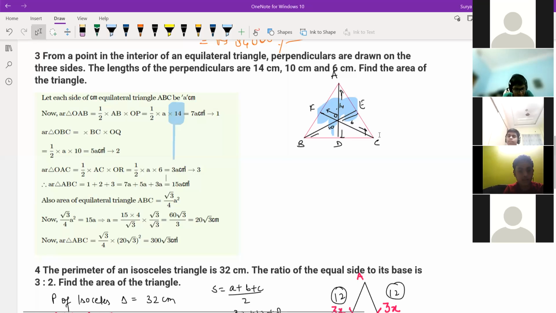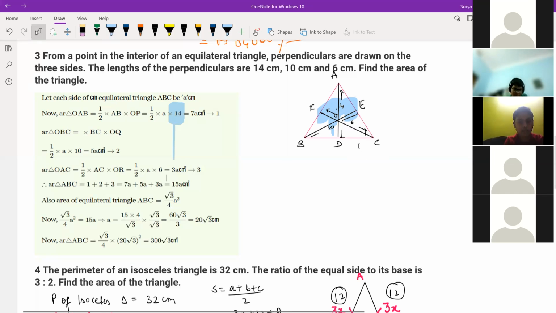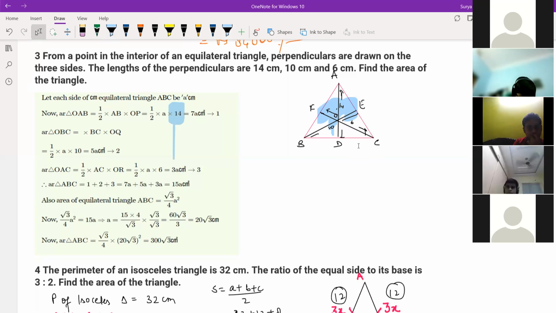If from a point in the interior of a triangle, perpendiculars are drawn on the three sides, the lengths of the perpendiculars are 14. But as per the question, the diagram is correct only. The perpendicular means A to D, right?